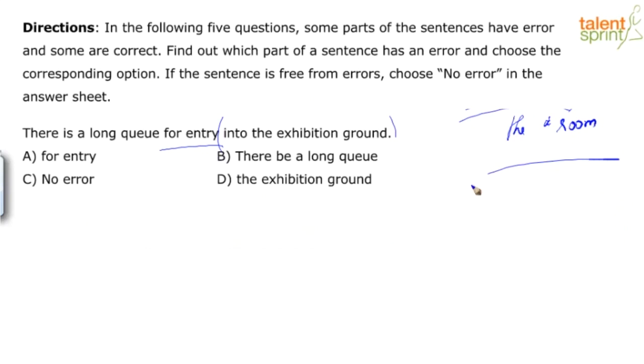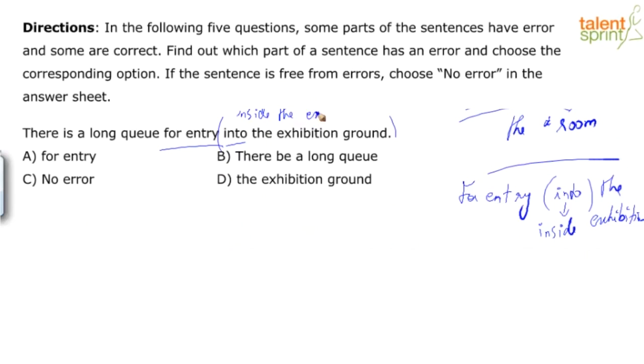However, here we're saying for the purpose of entry, where in fact more than into here referring inside that place, right? Into is bringing in the meaning of inside the exhibition. So you don't have to get confused with this. If I have to rephrase the whole thing, I will just say for entry inside the exhibition.